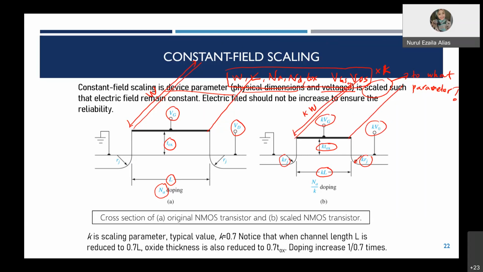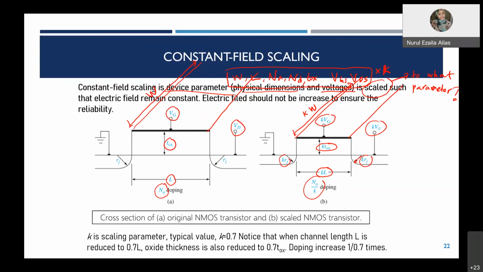The concentration, however, will be multiplied by 1 over K. So this K scaling parameter, typically the value is 0.7. Notice that when the channel length is reduced to 0.7 L, the oxide thickness is also reduced to 0.7 Tox. But the doping concentration must be multiplied by 1 over K, which is 1 over 0.7.